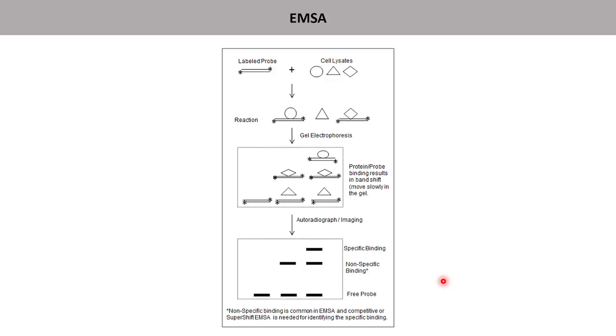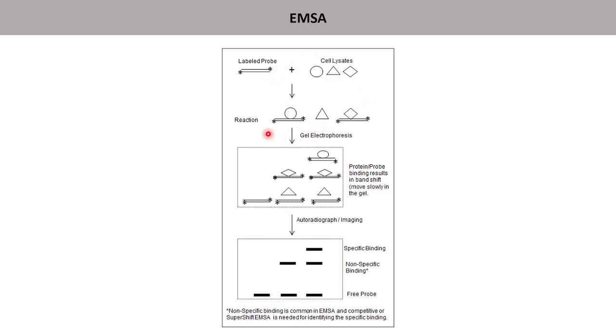Now if a protein of interest is actually binding with the labeled probe, then multiple things will be generated. For example here, this circular protein is getting bound to the labeled probe. Then this diamond shaped protein is getting bound to the labeled probe, and the triangle shape is not getting bound at all.